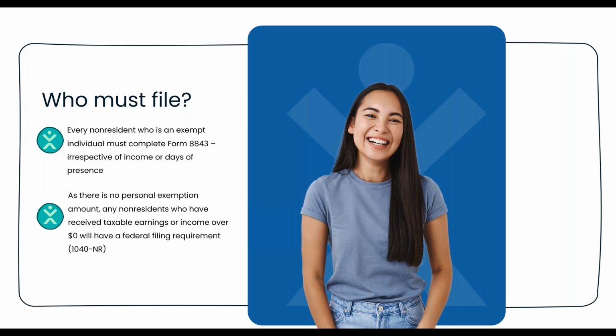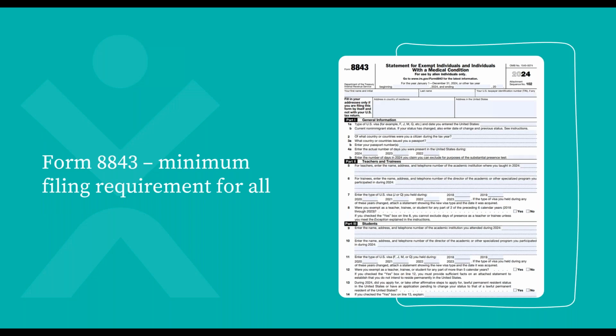If you have received any US income over $0, then you will trigger a federal filing requirement, which is the Form 1040 NR. So any income over $0 will trigger that federal filing requirement, the 1040 NR, but everybody needs to submit Form 8843. It is the minimum filing requirement for all non-residents in the US.